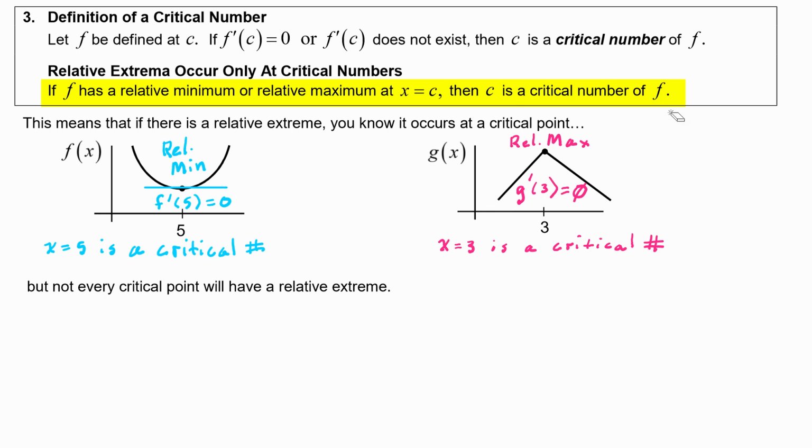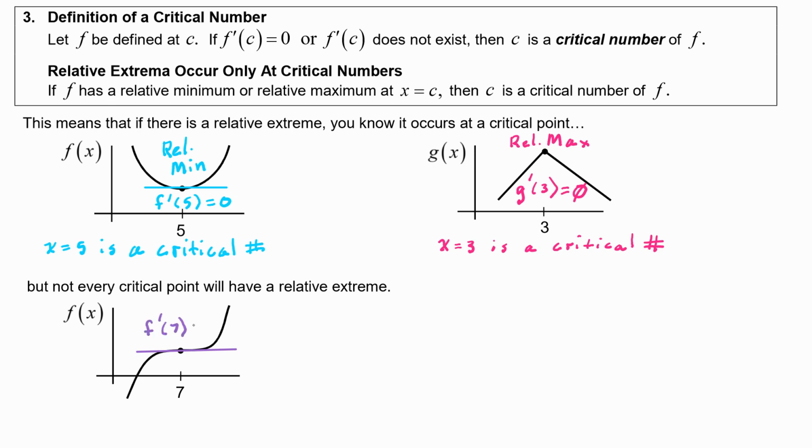So for example, if we look at this f of x, we can see the slope of the tangent here is 0. So f prime of 7 is equal to 0, which means x equals 7 is a critical number.